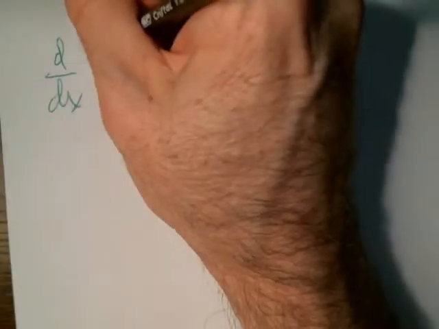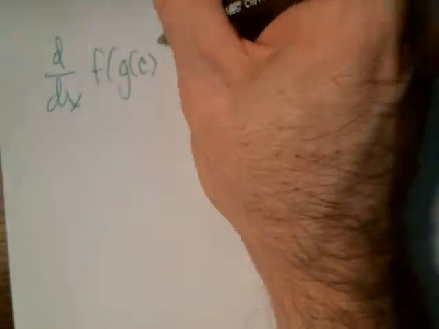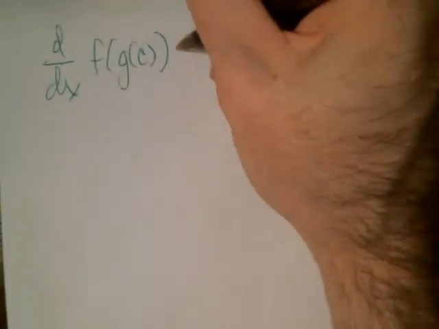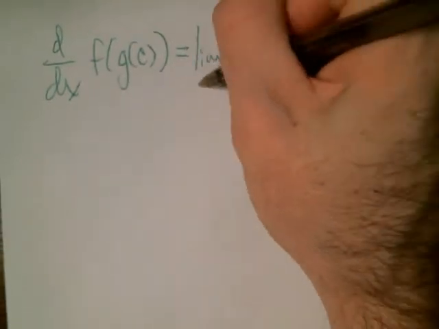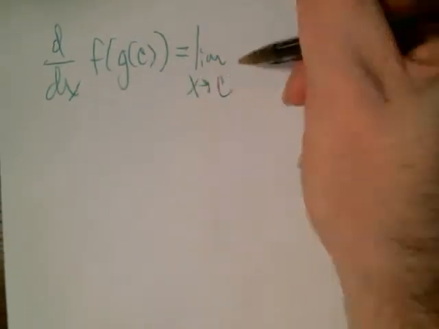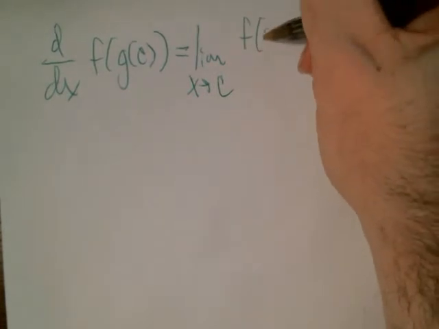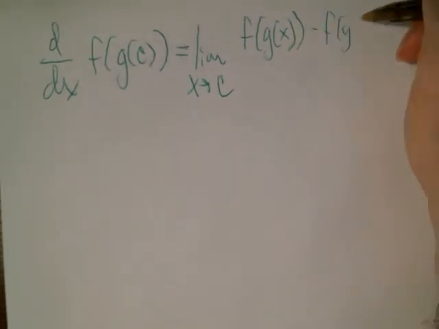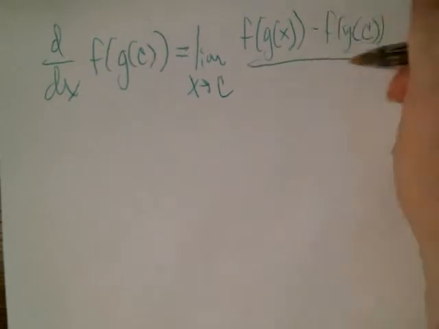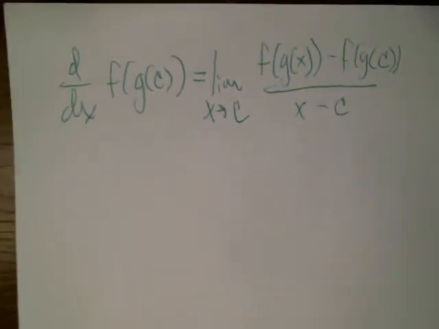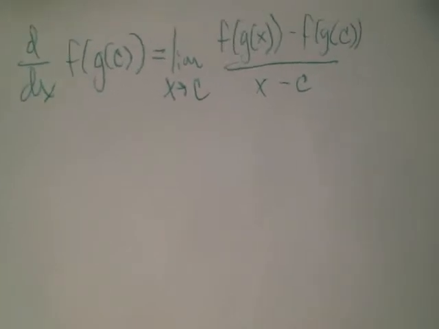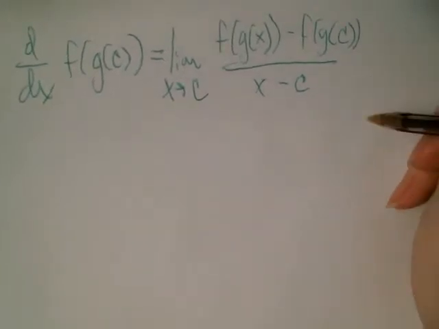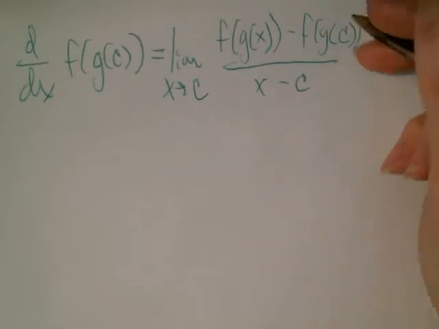I don't know how illuminating that will be, but if we want to know the derivative with respect to x of f of g of c, and we'll use the second version of the limit form of the derivative, so we want to know in particular the limit as x goes to c of f of g of x minus f of g of c all over x minus c. Okay. And then we're going to multiply top and bottom by g of x minus g of c.